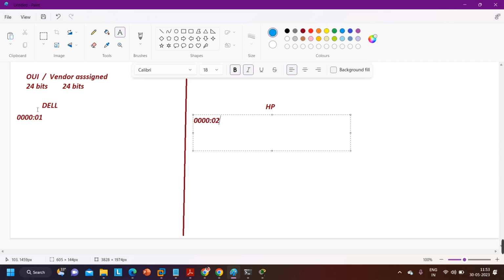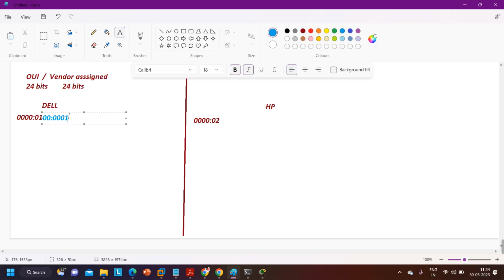Now through one OUI, Dell can manufacture how many computers? See, what will be the MAC address of first computer of Dell? It will be 00:00:01 00:00:01.